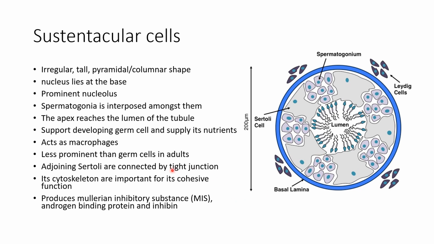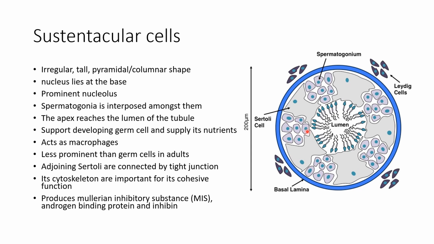We are going to see that they connect to each other by adjoining tight junctions. You can see the relationship it makes with itself and with the cells surrounding it by tight junctions. It also has a cytoskeleton within it that is very important for making that cohesive function.